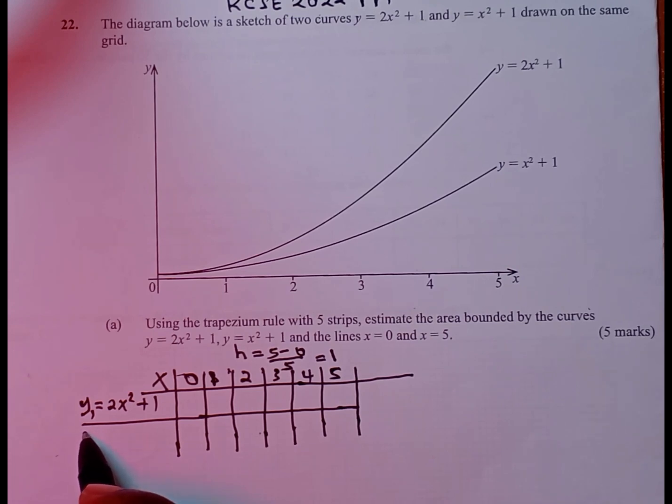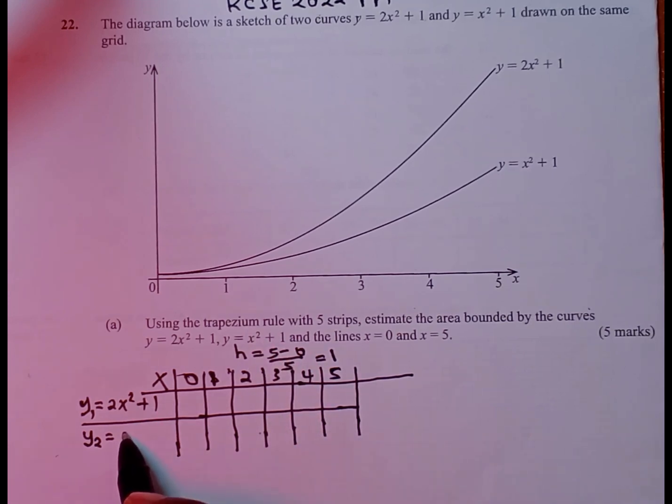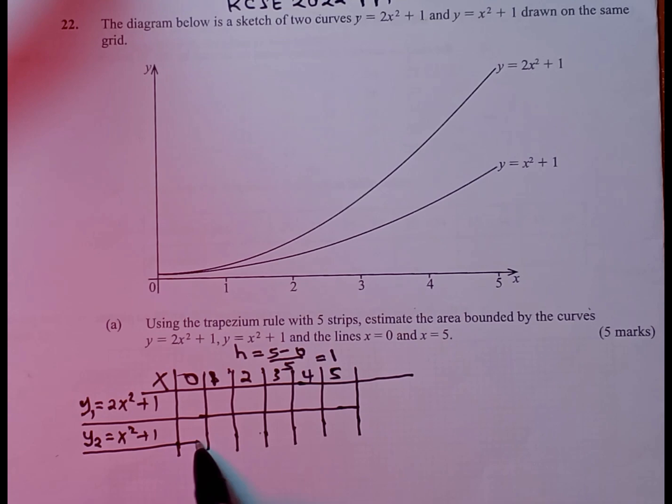Then our second curve, let us call it y2, which is given by x squared plus 1. Next we take y1 minus y2 to get our y, which represents our strips.